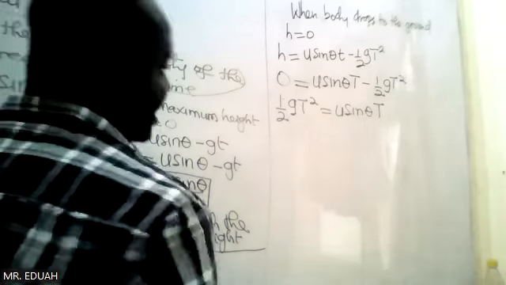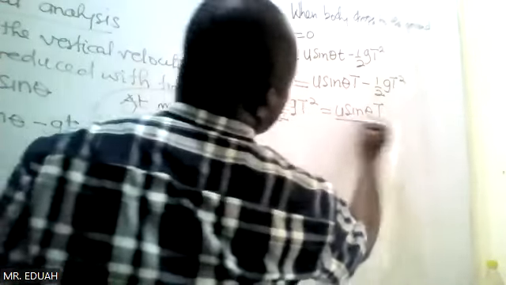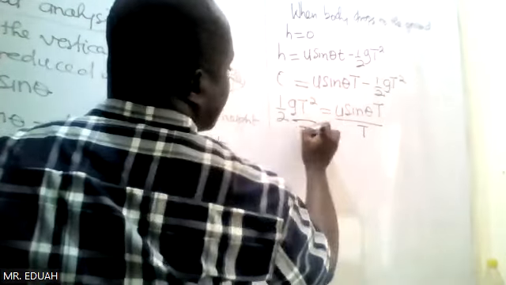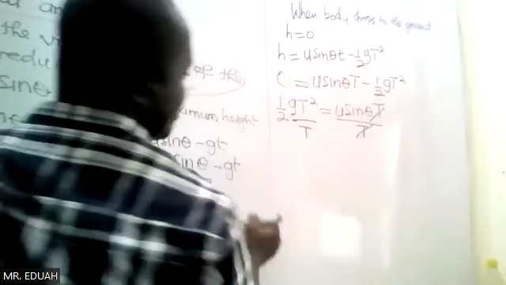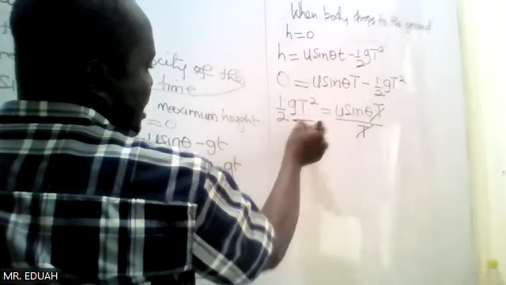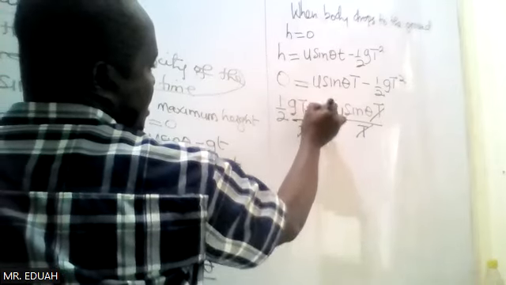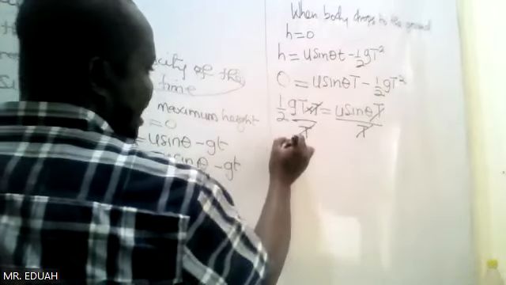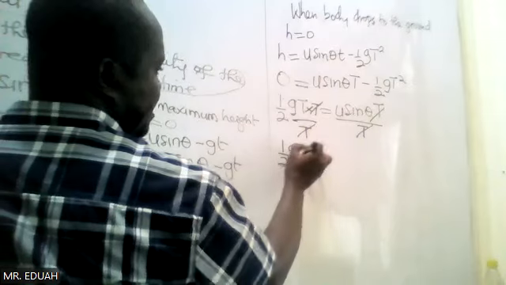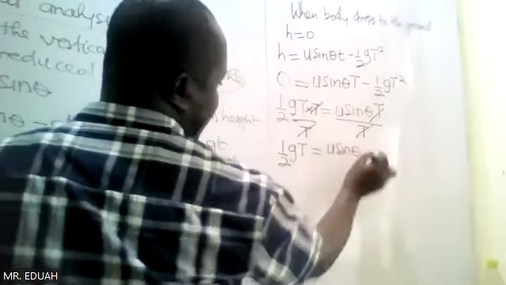Okay, so from what we have here, I'm making T the subject. If I divide through by T, this and this will cancel. And this is 2, this will cancel one of it. So we have half JT is equal to U sine theta.